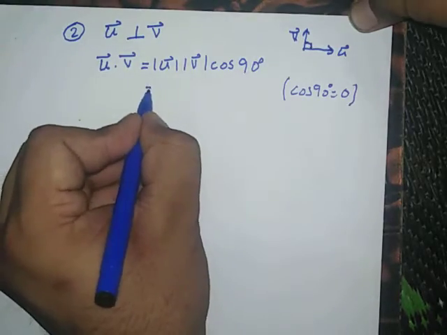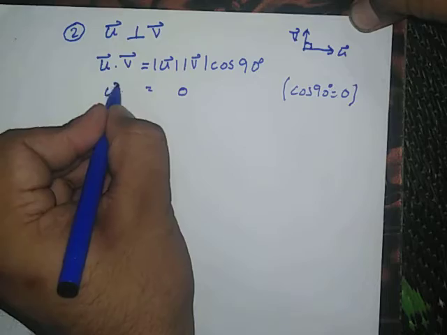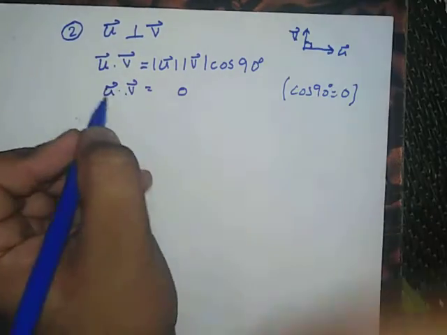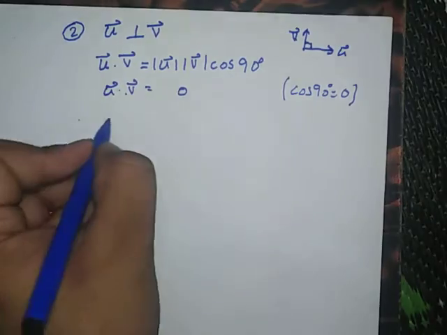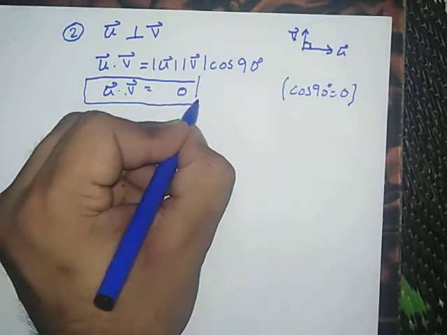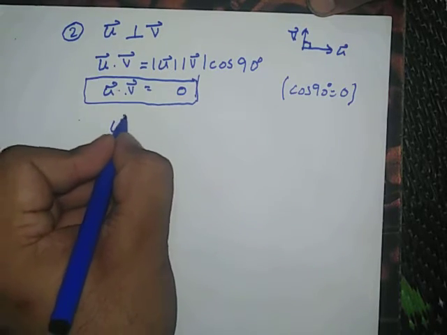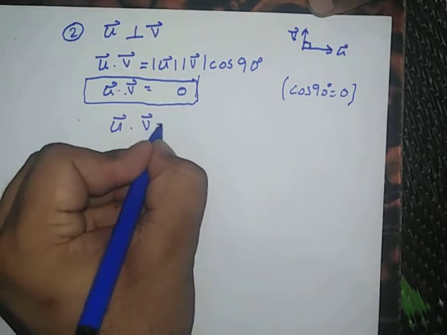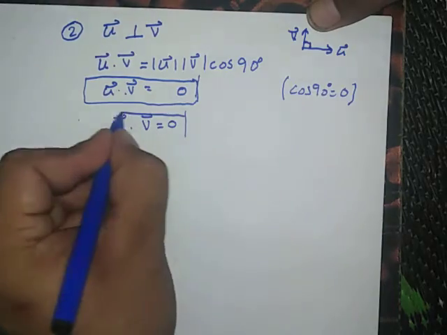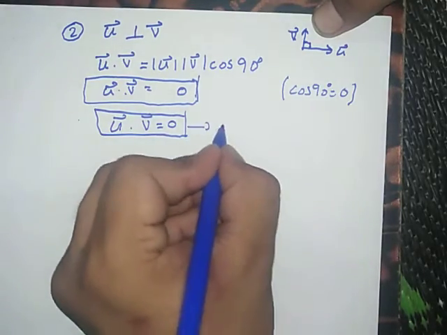So u dot v is equal to 0. Remember that this is a very important result in the dot product. When u dot v is equal to 0, both vectors are called orthogonal vectors.